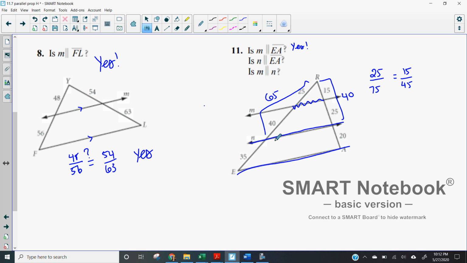When we set this one up, for N and EA, we want to know, does 65 over 35 equal 40 over 20? This is where my eye is going right now. That's 2 to 1. This is not 2 to 1. So that's a no. Those are not parallel.